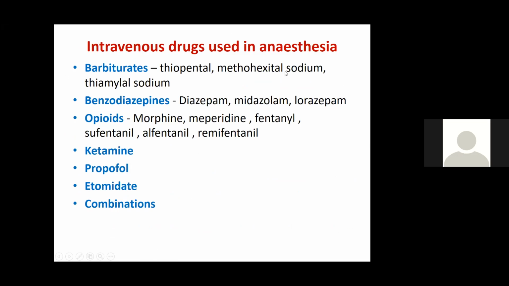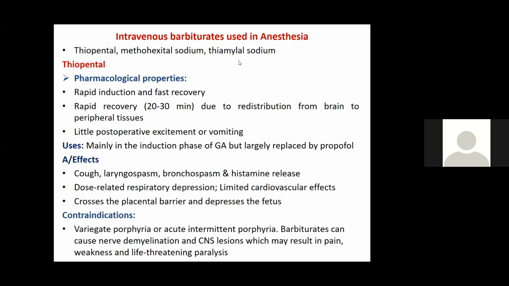So here we have barbiturates, benzodiazepines, opioids, ketamine, propofol, which somebody had mentioned, etomidate, and then combinations for balanced anesthesia. If we start with thiopental, it's no longer used very much nowadays, but thiopental has rapid induction and rapid recovery.